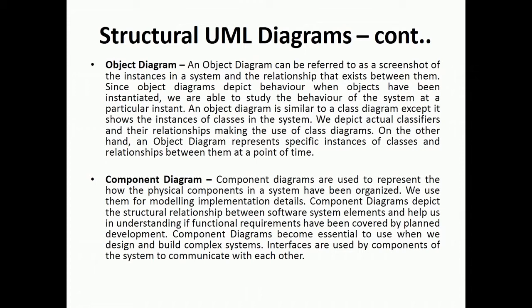Now the component diagram. Component diagrams are used to represent how the physical components in a system have been organized. We use them for modeling implementation details. Component diagrams depict the structural relationship between software system elements and help us in understanding if functional requirements have been covered by planned development.